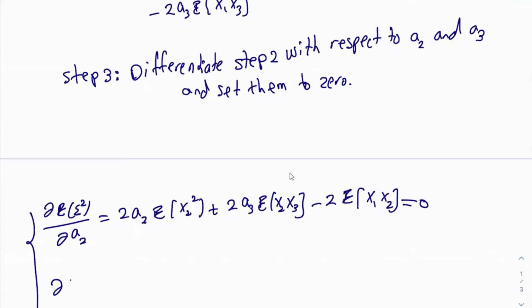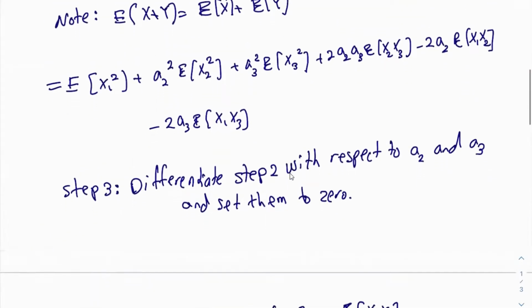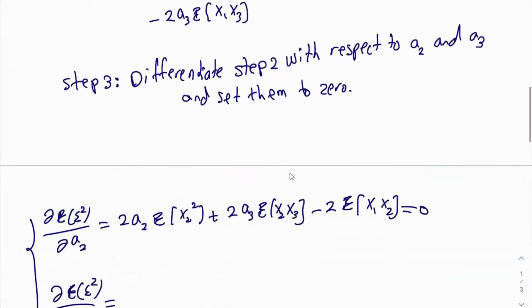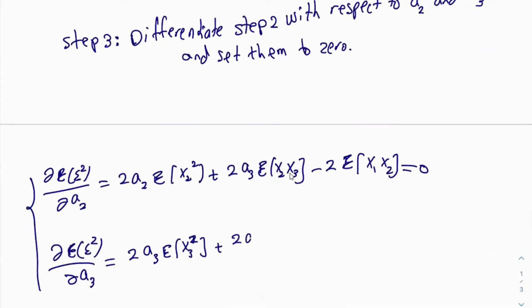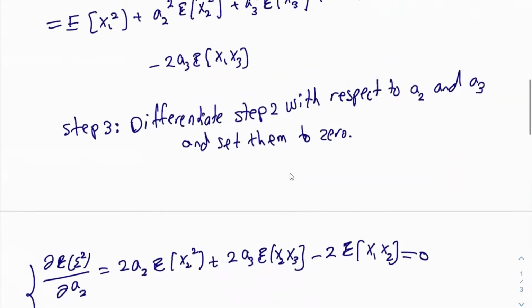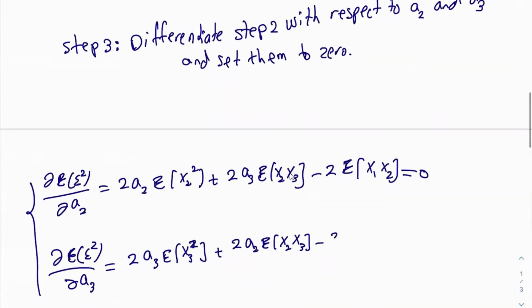Let's write it like this. The second equation, we're going to take with respect to a3. So for this one, you get 2 a3 expected value of x3 squared plus 2 a2 expected value of x2 x3 minus 2 expected value of x1 x3 equal to 0.